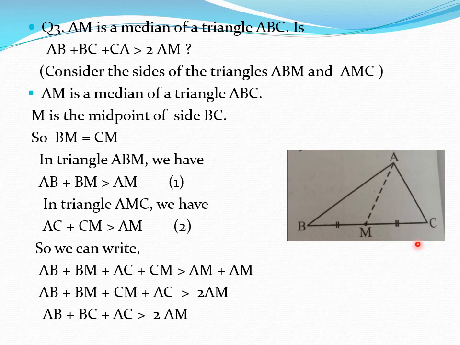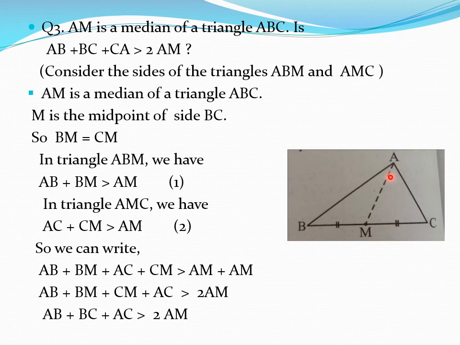Children, here we have got the triangle ABC, and in the triangle ABC AM is the median. It is given in the question. So we are writing the solution. Starting with the line, AM is a median of a triangle ABC. Median means, do you know the meaning of median?